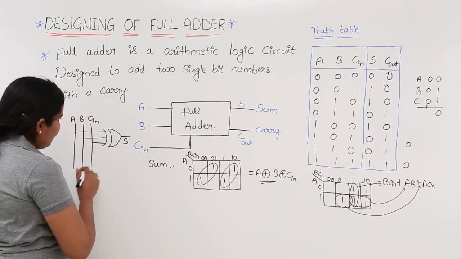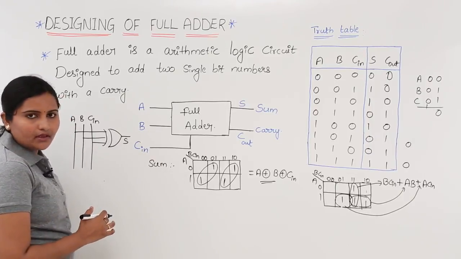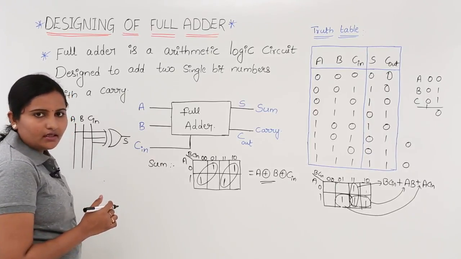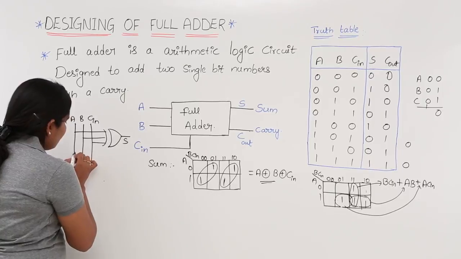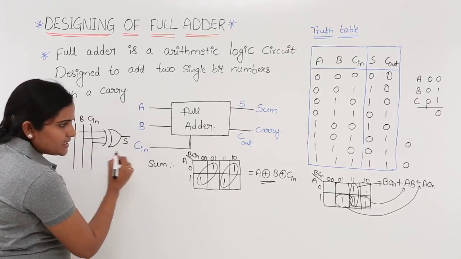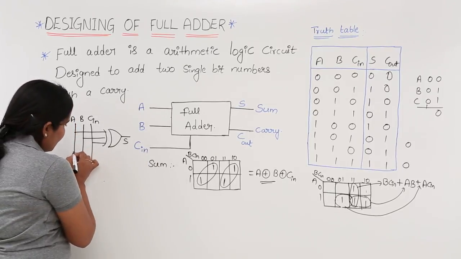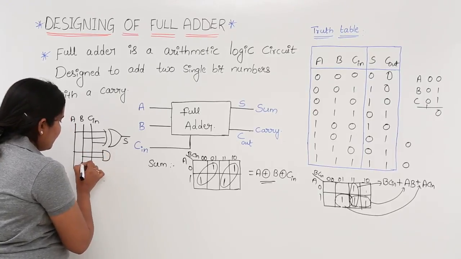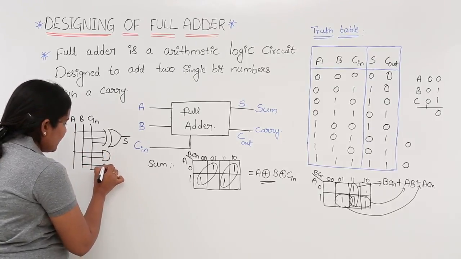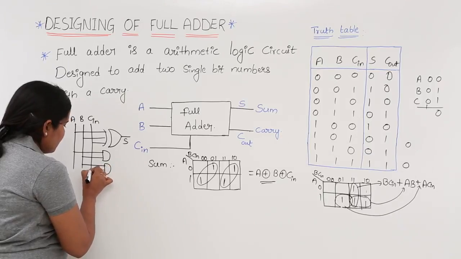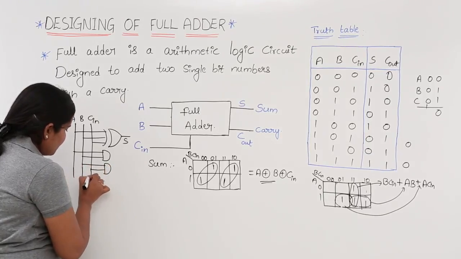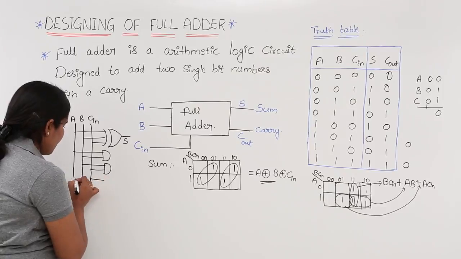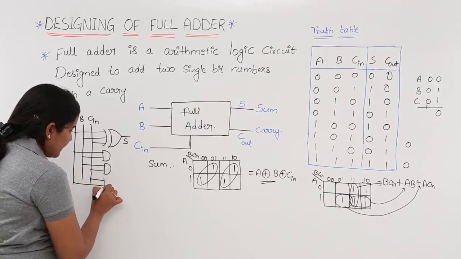If you want the carry, that means carry out, then you are getting it from AB, BC, CA. So for A into B you need an AND gate, for B into C you need another AND gate, and for C into A you need another AND gate.